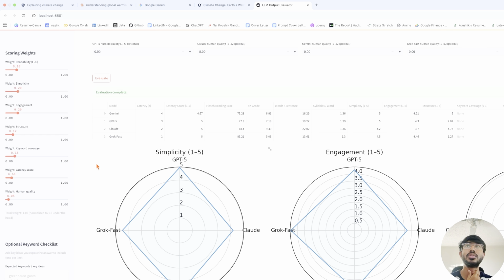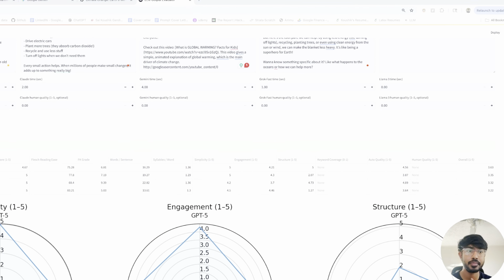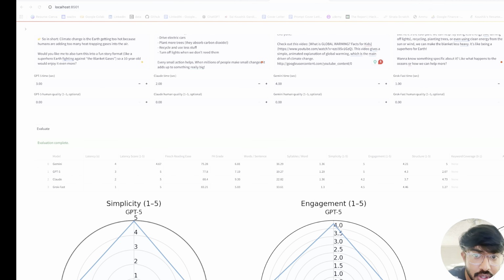Okay, now let's go to the evaluation metrics: Gemini, GPT-5, Claude, Groq Fast, and all of these metrics. These are the results generated, and all of them are ranked on all of the metrics we talked about. As you can see, the overall score is the highest for Gemini.